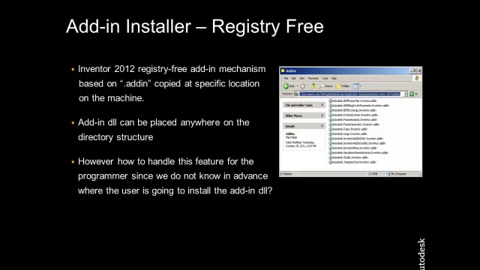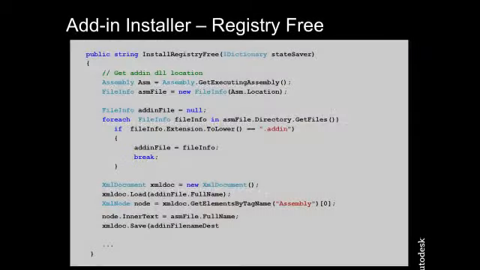So you may wonder how you can handle this, as the .addin file has to be updated with the correct location of the DLL, which is obviously known only at install time. The answer is to create some custom logic inside our installer class that will take care of updating the .addin file assembly tag with the correct location of the DLL chosen during the install.